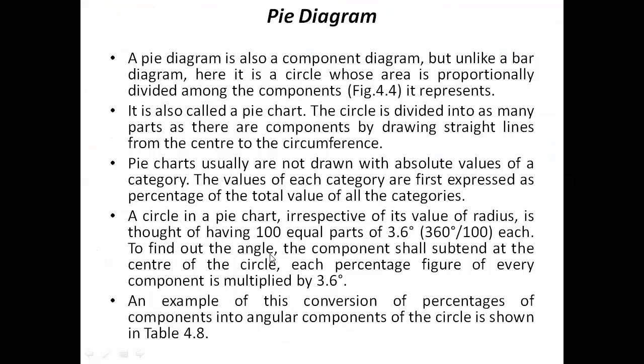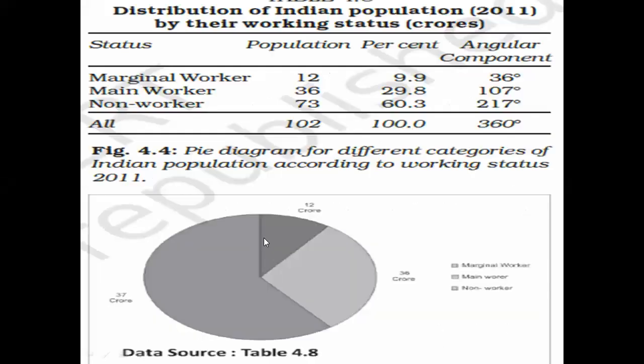To find out the angle the component shall subtend at the center of the circle, each percentage figure of every component is multiplied by 3.6, right? An example of this conversion of percentage of components into angular components of the circle is shown in 4.8, you can see here.